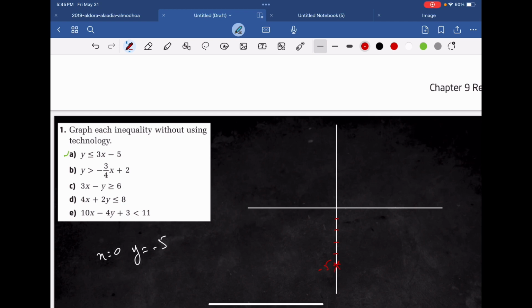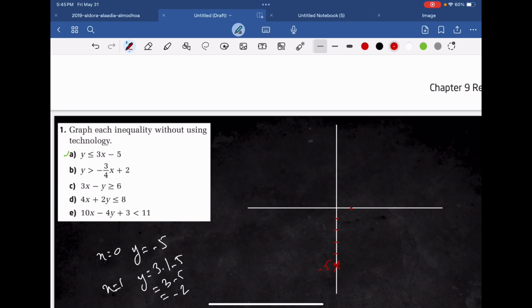The second point I can use, like if x is 1, x equal 1. So this means that y is equal to 3 times 1 minus 5, which is 3 minus 5, which is minus 2. So for the second point, if x is 1, my y is minus 2.